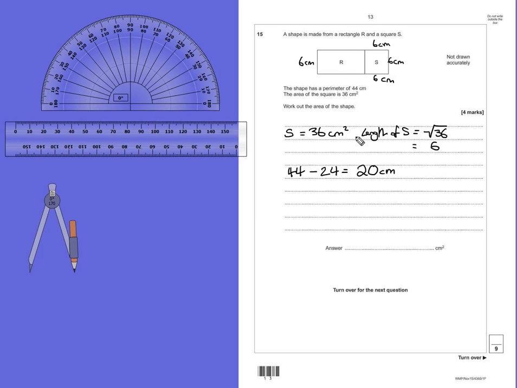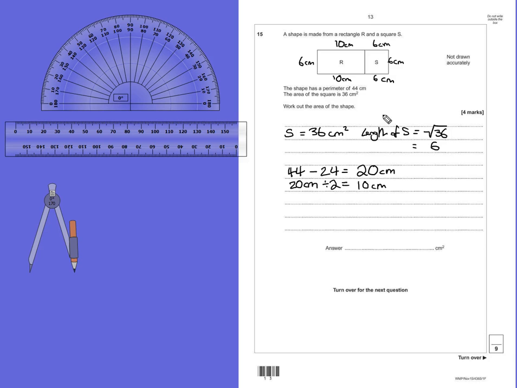As both of those sides are exactly the same length, we can share that equally. So 20 centimetres divided by 2 means that each of those must be 10 centimetres long. That's 10 centimetres. And that one's 10 centimetres. Adding them all together gives us 44. So we've used the two facts and found all the missing sides.